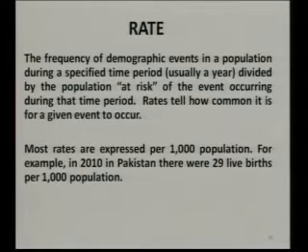Then rate. Rate is often used very widely in public health. What is that? Rate is basically a number divided by the population at risk, not necessarily the total population.